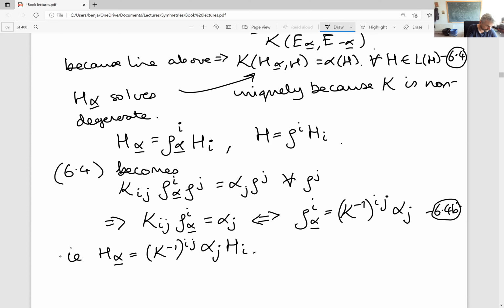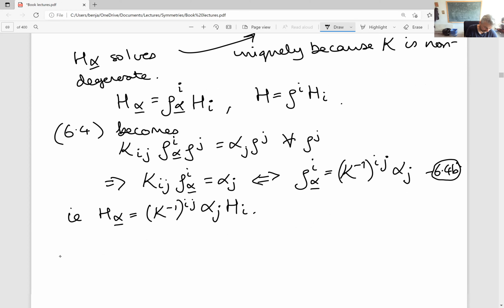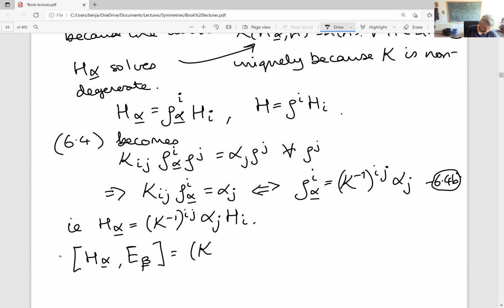Okay, so now I can work out the commutator of H_alpha with E_beta. So I substitute in for H_alpha.